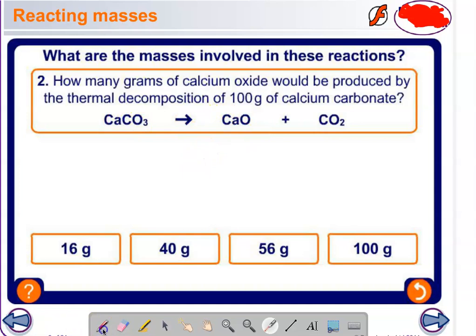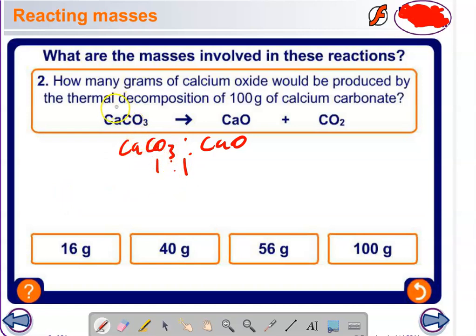So here we've got our balanced equation. The ratio of calcium carbonate to calcium oxide is 1:1. Okay, let's go ahead and put the relative formula masses in.